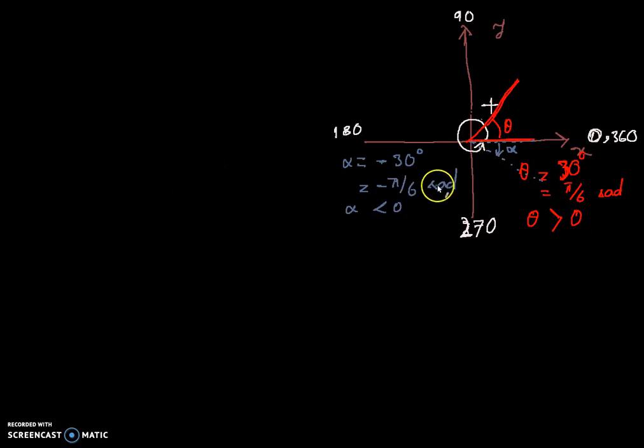There are also cases where you have different values, but the terminal sides of all the angles meet at the same place in your coordinate system. For example, let's say you have 3 pi by 4.